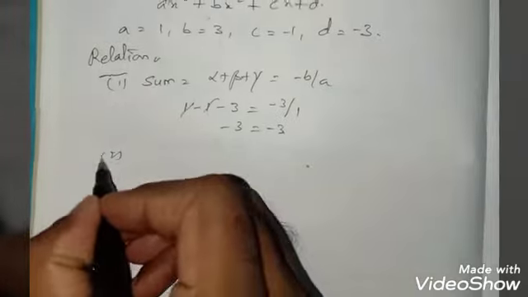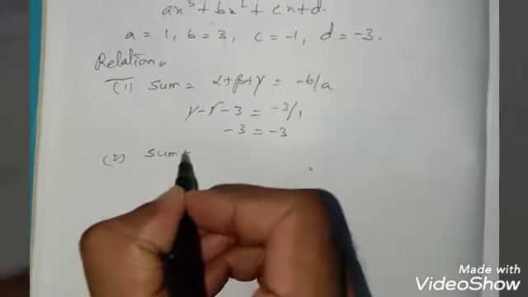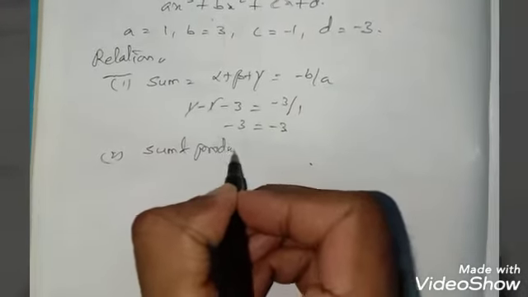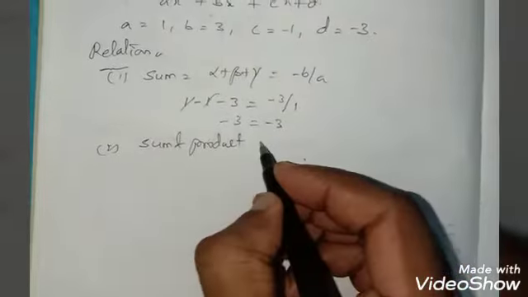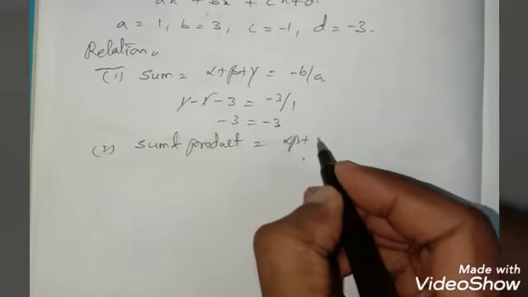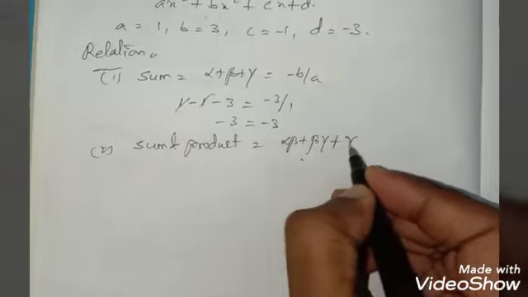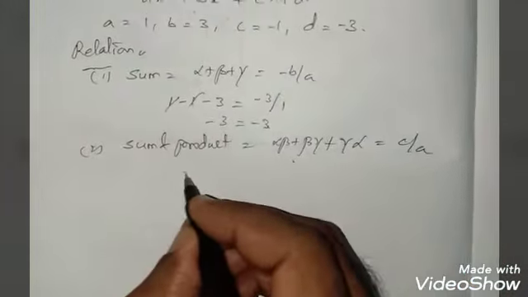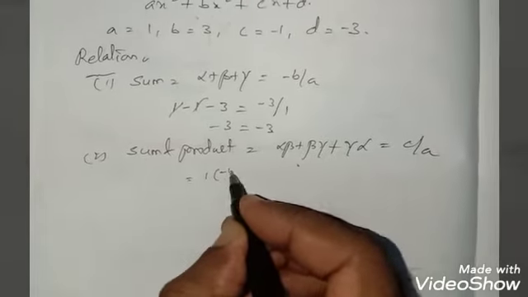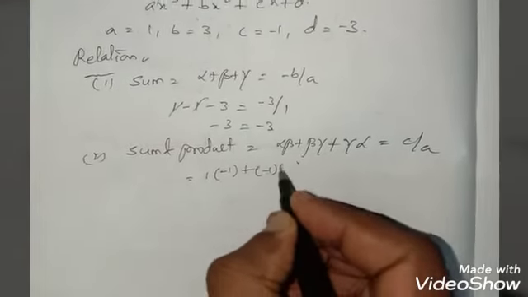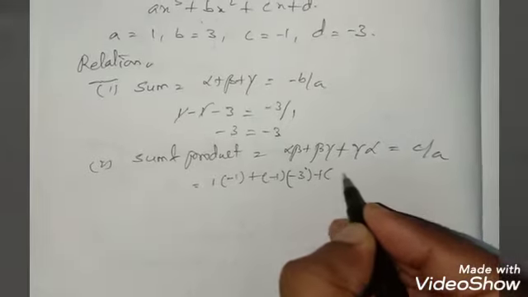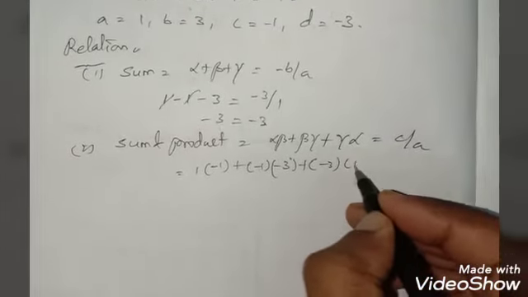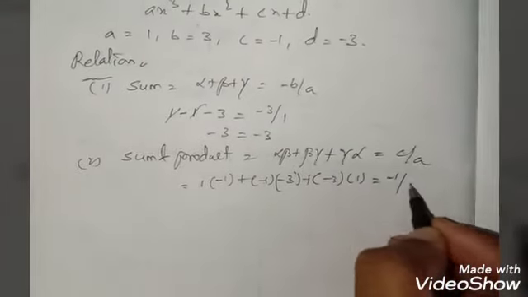Now coming to the second one, the sum of products taken two at a time: alpha beta plus beta gamma plus gamma alpha is equal to c by a. Now alpha is 1, so 1 into minus 1 plus minus 1 into minus 3 plus minus 3 into 1 is equal to c by a, where c is minus 1, that is minus 1 by 1.